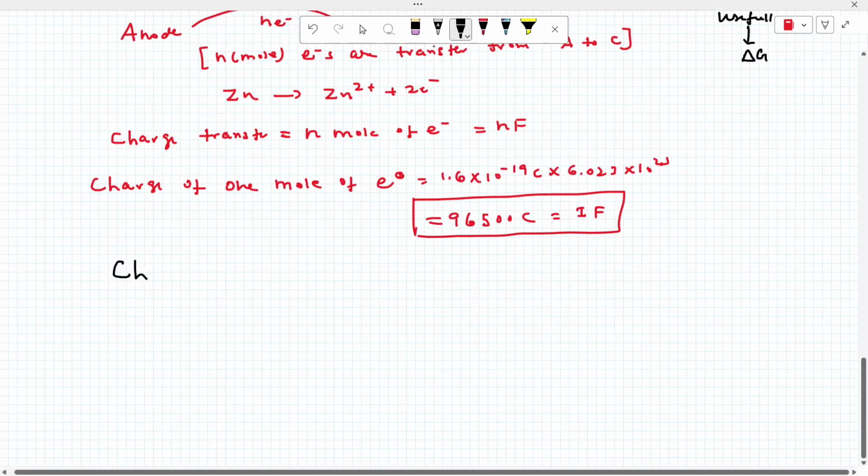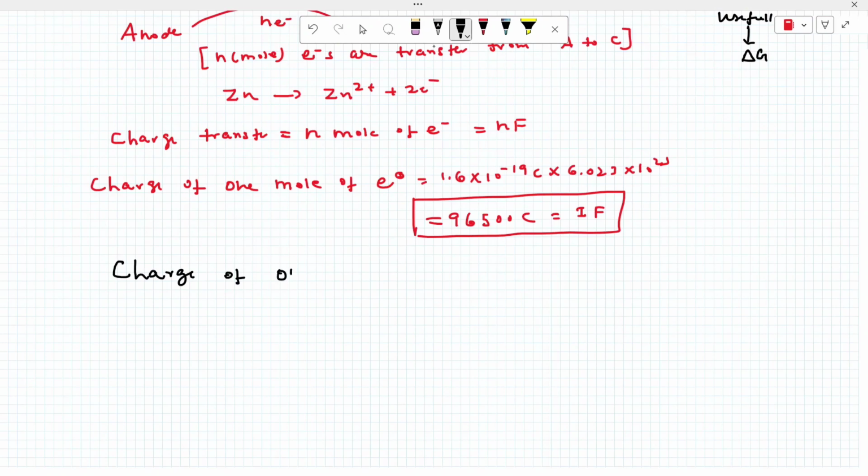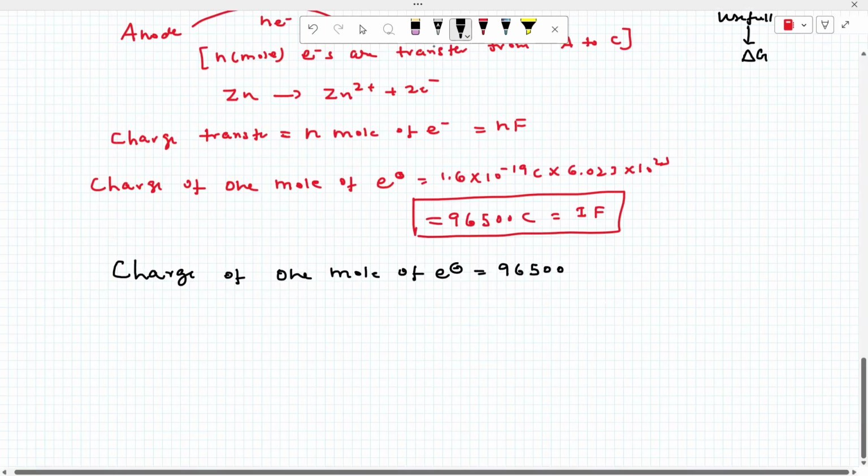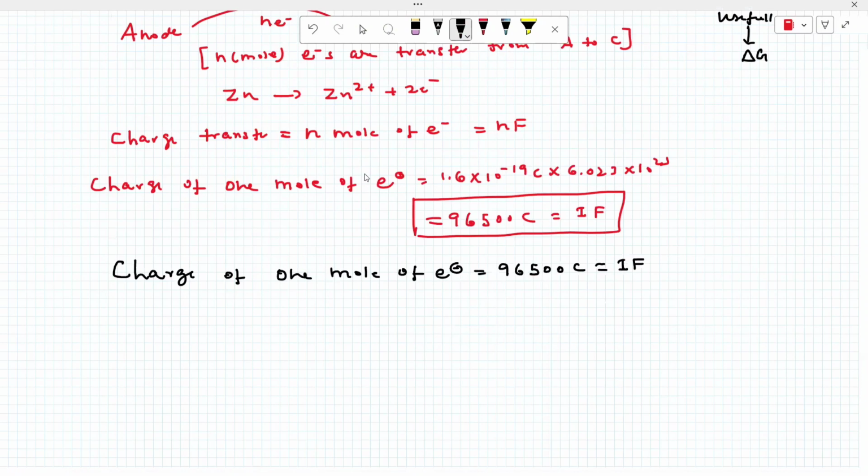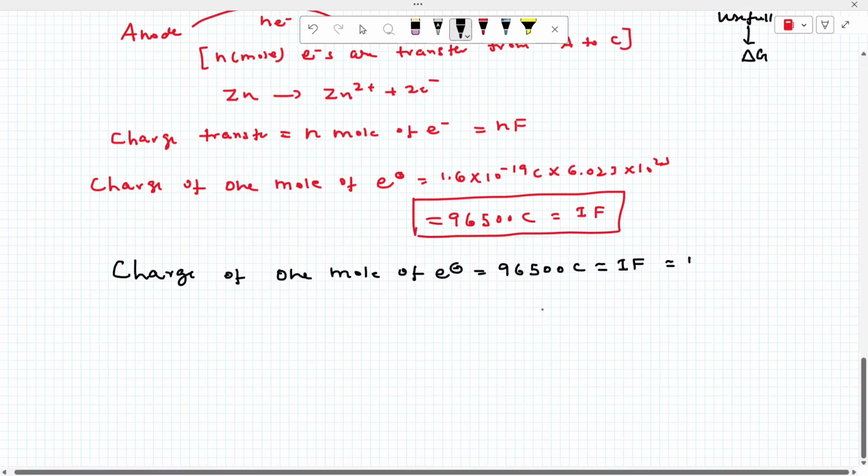The charge of 1 mole of electrons equals 96500 coulomb. I will simply call it 1 farad. From the exam point of view, in objective questions where the options are very far from each other, we can use this value approximately as 10 power 5.